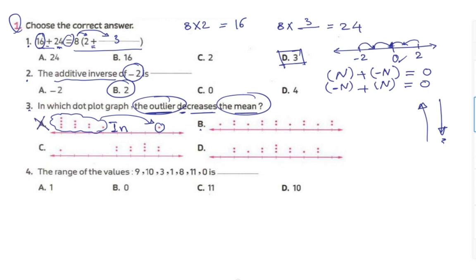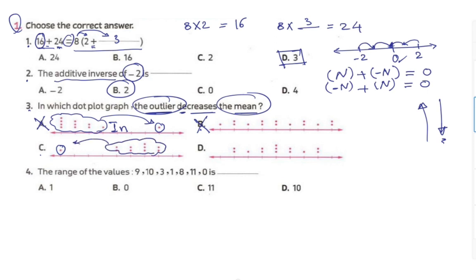Look to point B. I have no outlier. It's all regularly distributed, so there is no outlier. Okay, C. Do you have an outlier here? Yes, I have. Is this dot to the right or to the left?